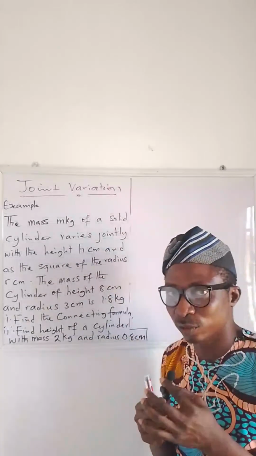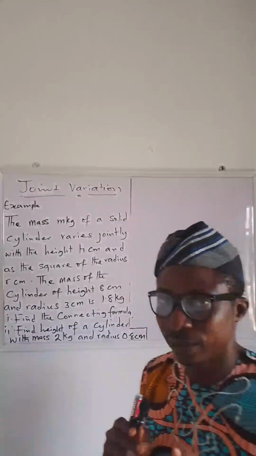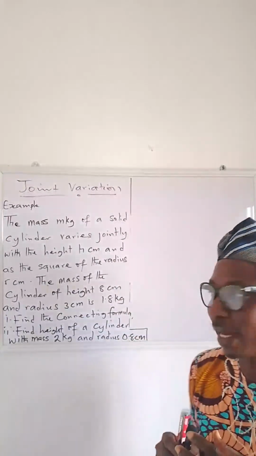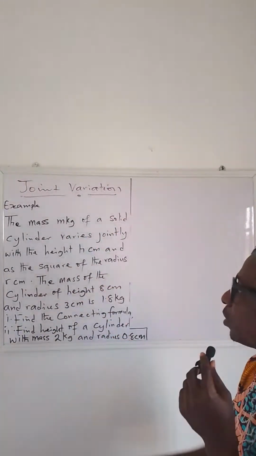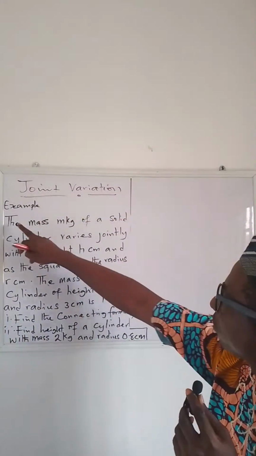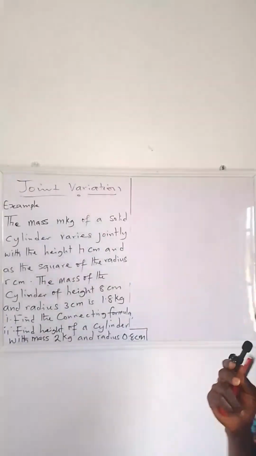So I want to ask you now, some parameters are being varied. Now with the example I gave you earlier, can you tell me what are the parameters that are being varied in this question? They lie from here to this place. So now look at the question. I want you to drop your answer in the comment section.